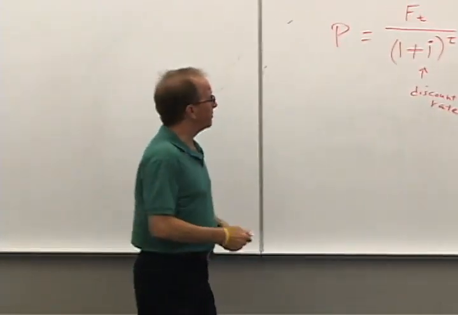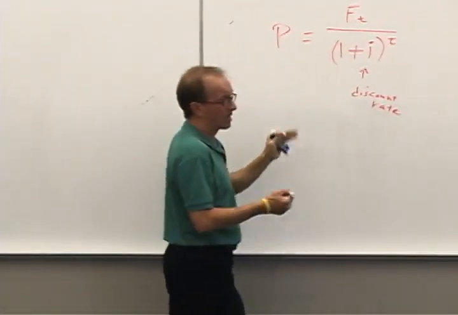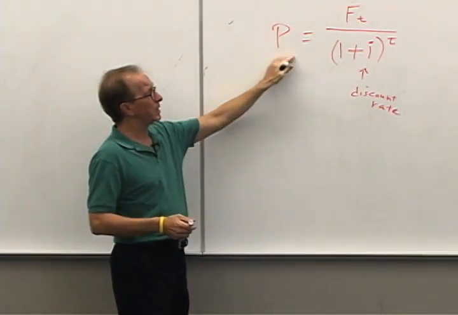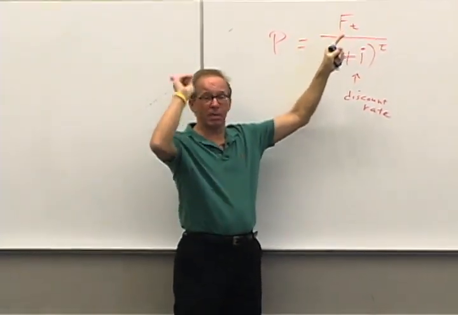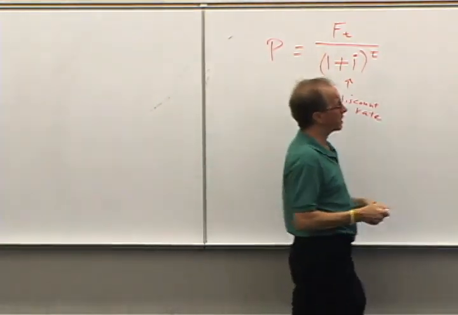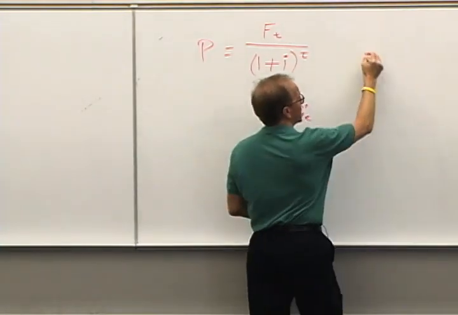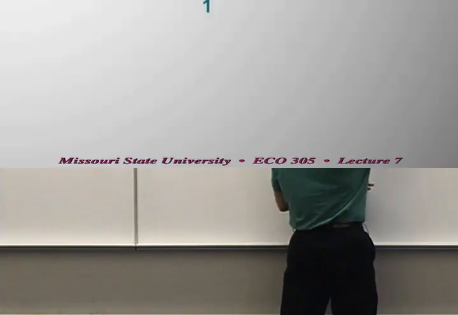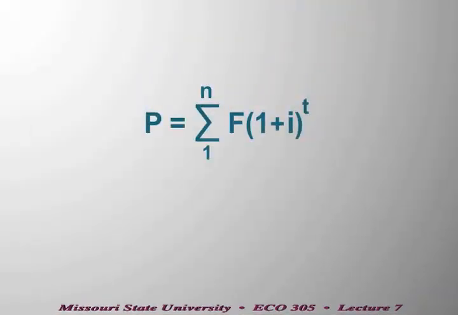What I did last time then is I added one thing to this. This would be for a future payment. Somebody's going to give me some money on a certain day in the future. If we have an investment that promises a series of future payments, then we have a present value formula that's more sophisticated, with the summation sign from mathematics, the Greek letter, what?